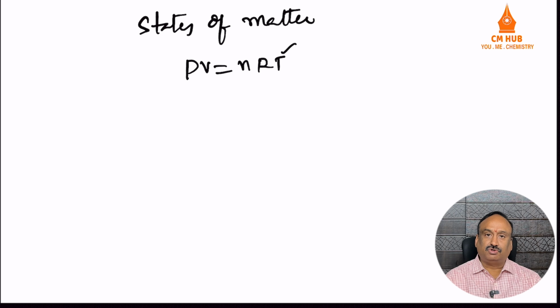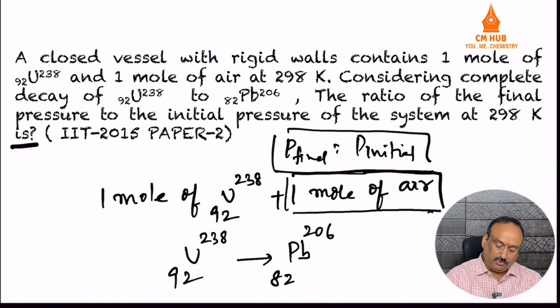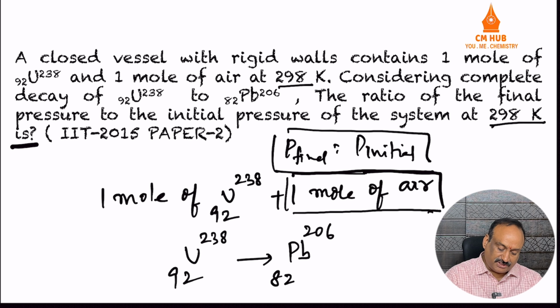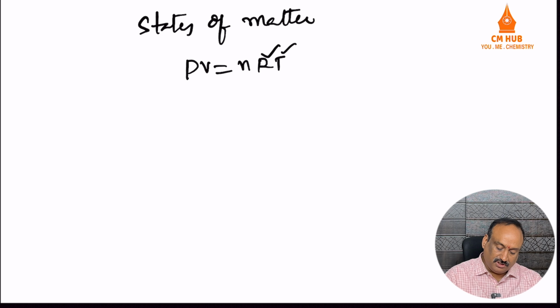Now temperature is constant because it is the same 298 Kelvin with which we started the reaction, and it is at the same 298 Kelvin where you are asked to find the ratio of final pressure to initial pressure. So temperature is constant. R is a gas constant, so this is also constant. Since the reaction is taking place in a closed vessel, V is also constant.